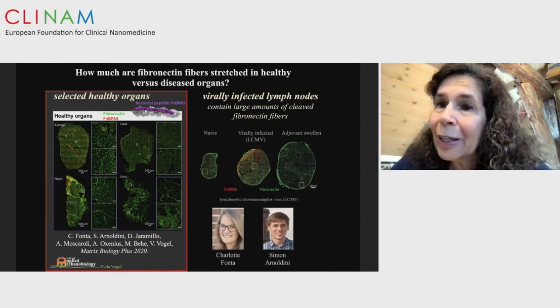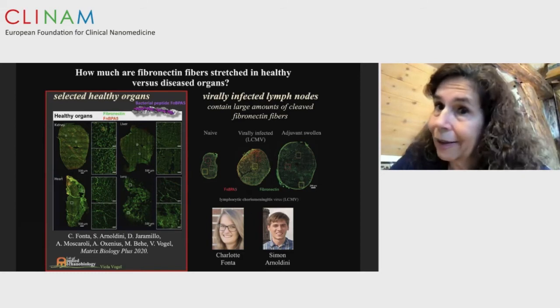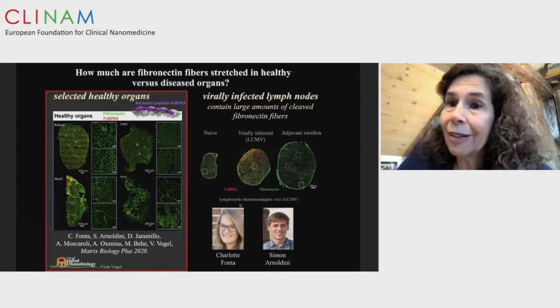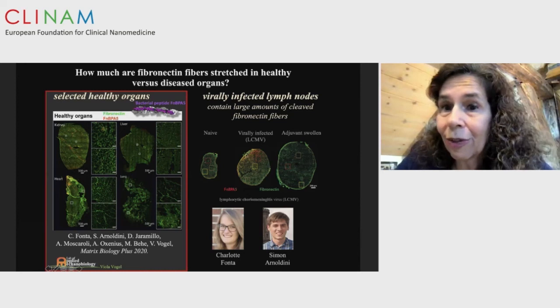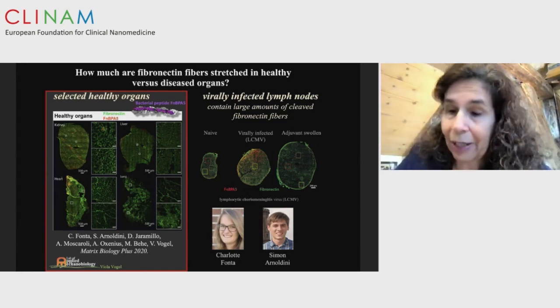But then if we virally infected the mouse and then sliced the lymph nodes, what you see is major areas where the lymph node is defected, major areas where the peptide is binding.